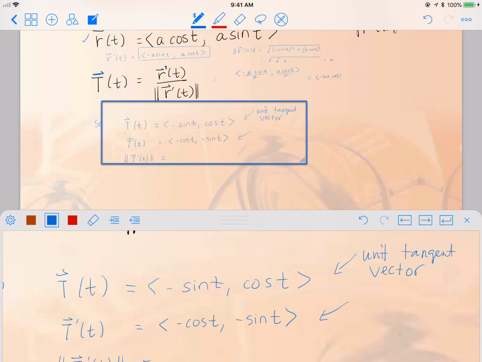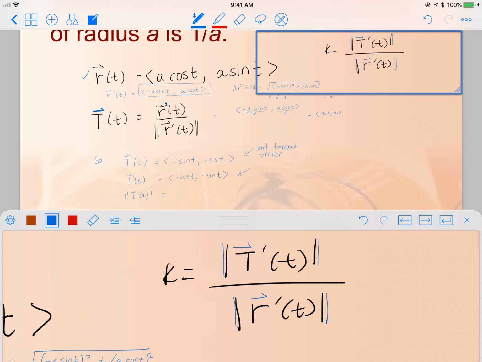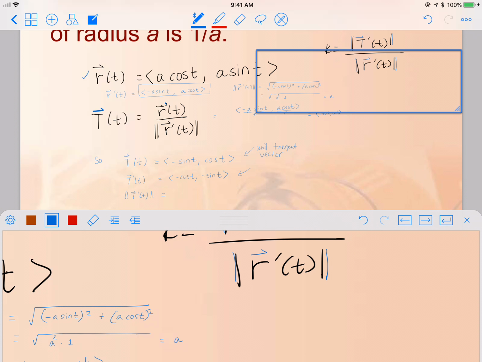So we're in the area of second derivative, right? In terms of vectors, the derivative of position is velocity, and the second derivative is acceleration. Well, that's what we're looking at. We're looking at a ratio, where the numerator is a second derivative and the denominator is a first derivative.